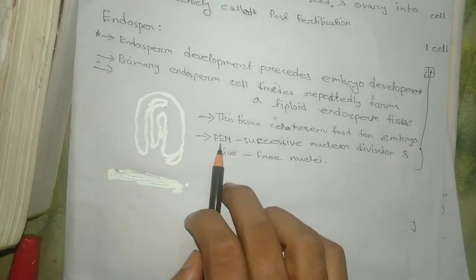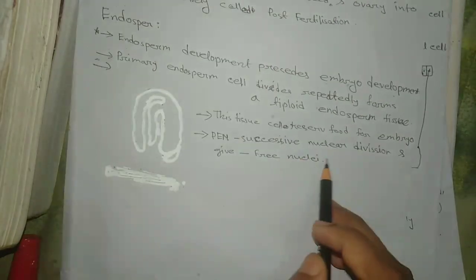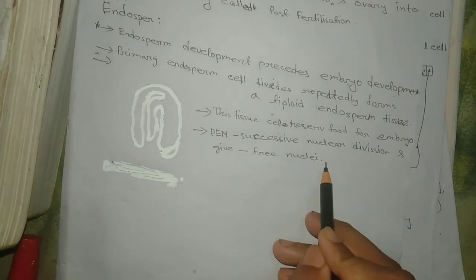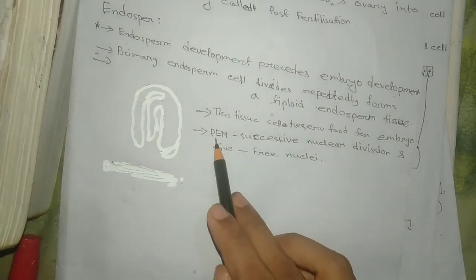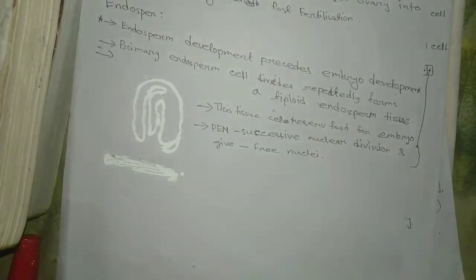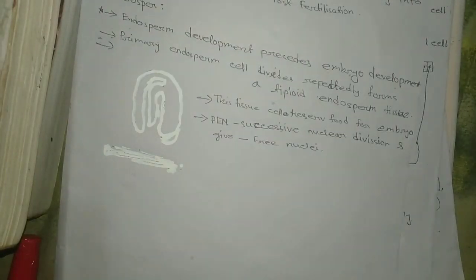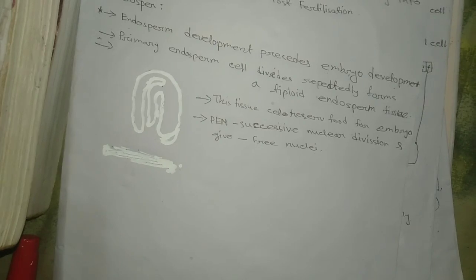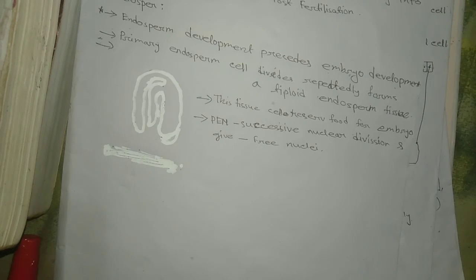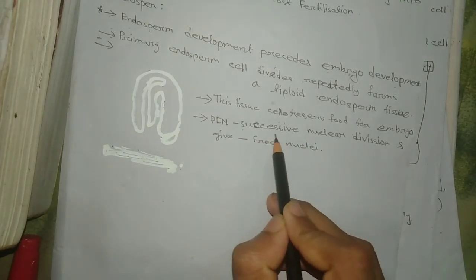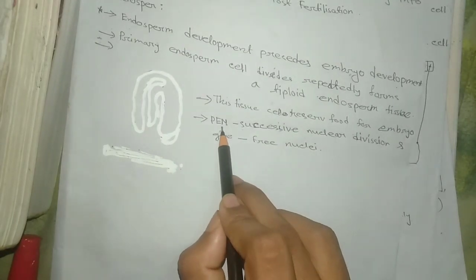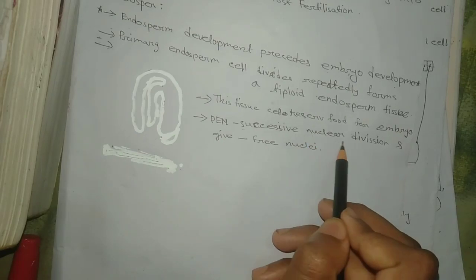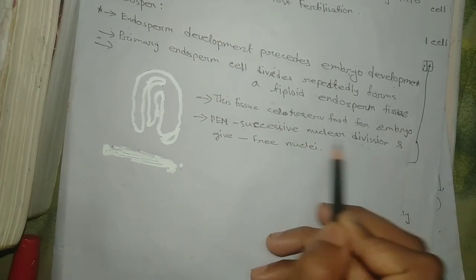The primary endosperm nucleus goes through successive nuclear divisions and gives free nuclei.